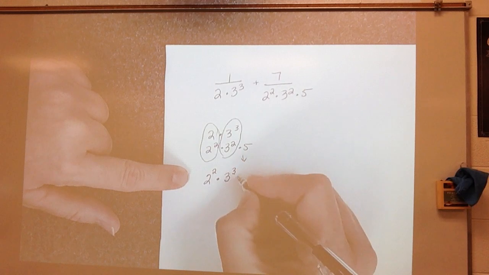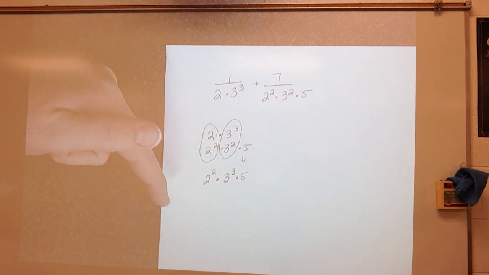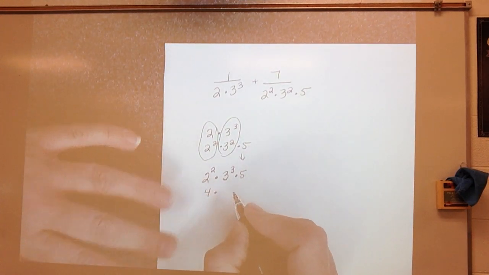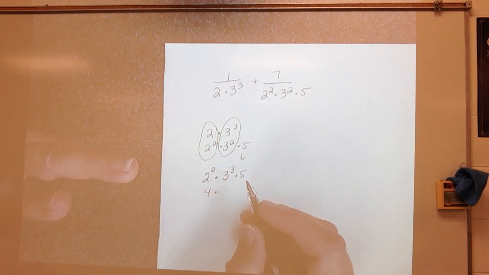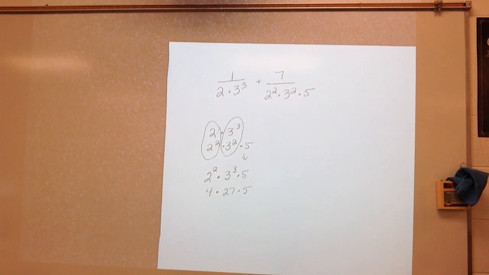And then remember with LCD, I also have to bring down anything that doesn't have a match. So this would be my common denominator, 2 squared times 3 cubed times 5. Well, 2 squared is 4. 3 cubed is, 3 times 3 is 9 times 3 is 27 times 5.